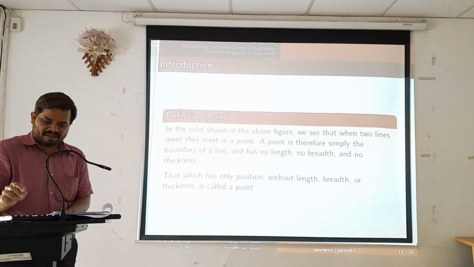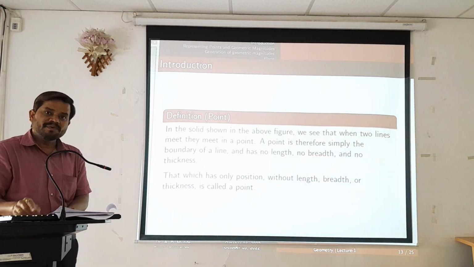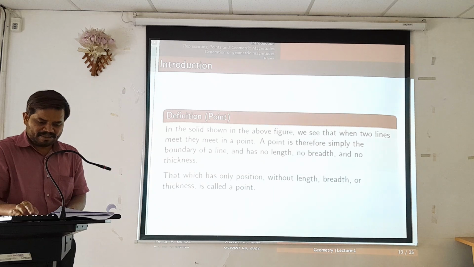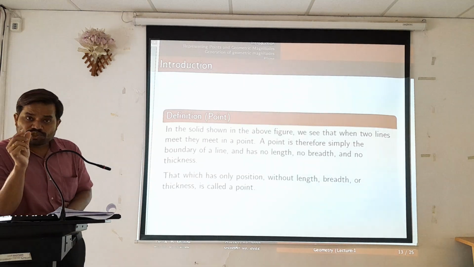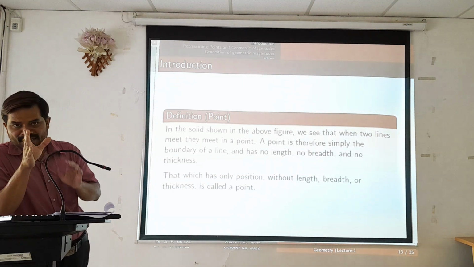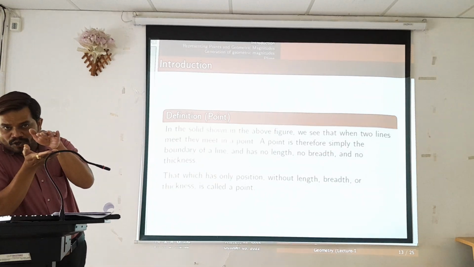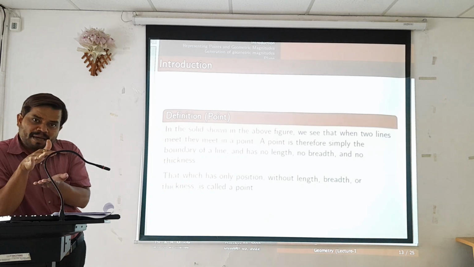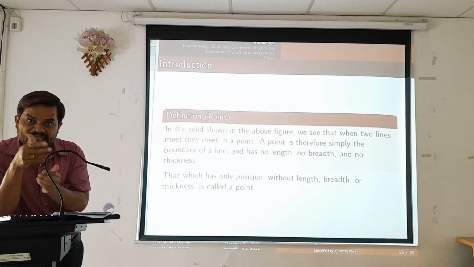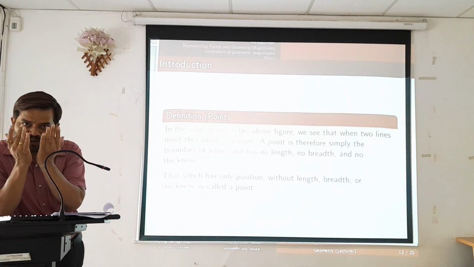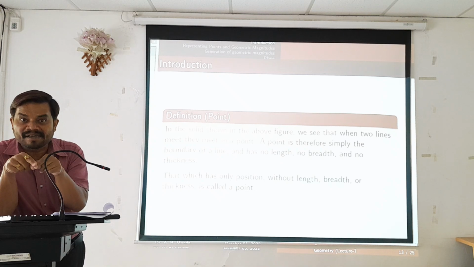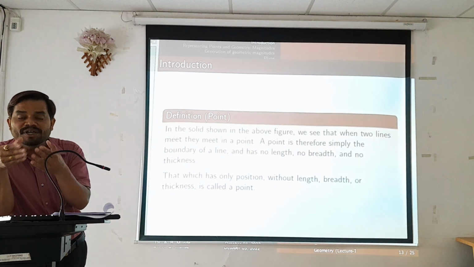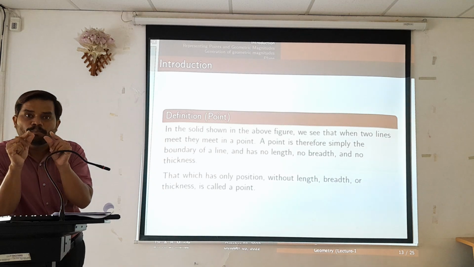In the solid figure we saw on the screen in the previous slide, we see that the two lines... बघा लक्षात घ्या, पहिल्यांदा मी तुम्हाला काय सांगितलेलं आहे की solid geometry means what. After that, what is meant by a surface, then the two surfaces coincide with each other, we get a line, and then we come to the definition of a point.